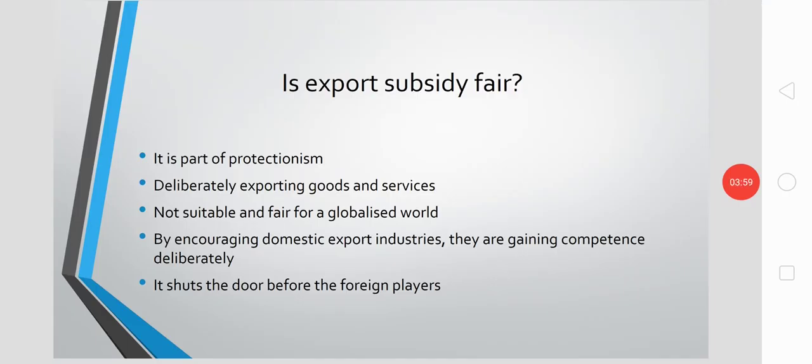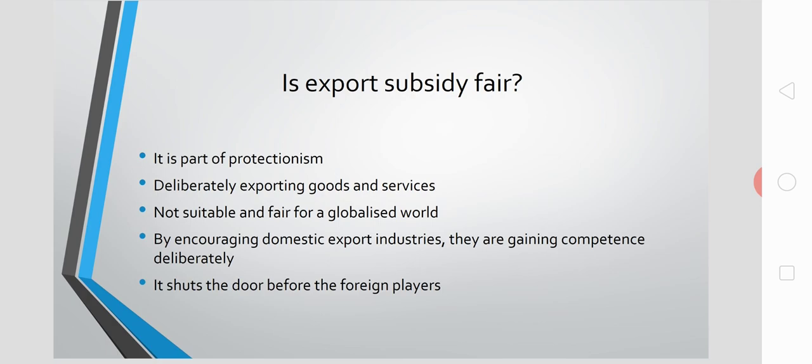Then we have a question to answer: is export subsidy fair? Export subsidy is in fact part of protectionist policy. This is not part of the free trade policy. This is part of protectionism. Through export subsidy, the government is deliberately trying to boost the export of goods and services.